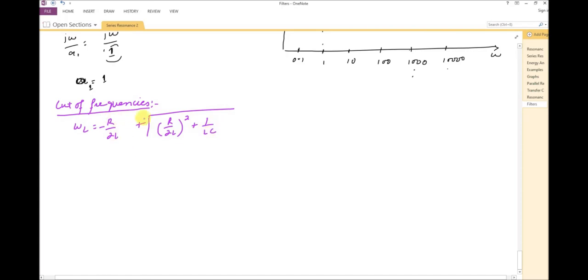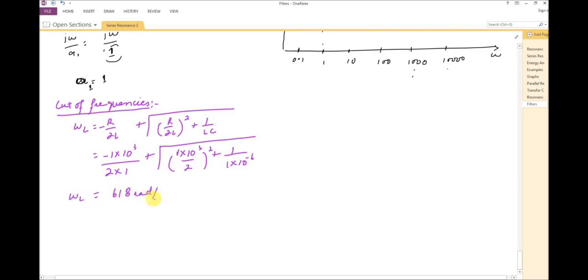We know the values of all the elements. It will become −1×10³/2×1 + √((1×10³/2)² + 1/(1×10⁻⁶)), right? So after solving, we will get the lower cutoff frequency value equal to 618 radian per second.